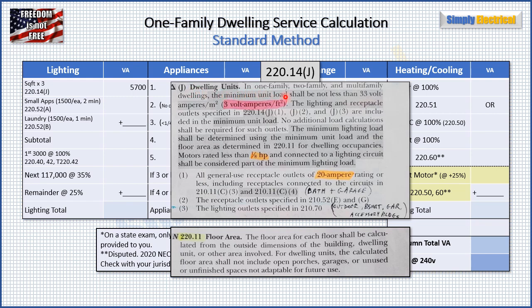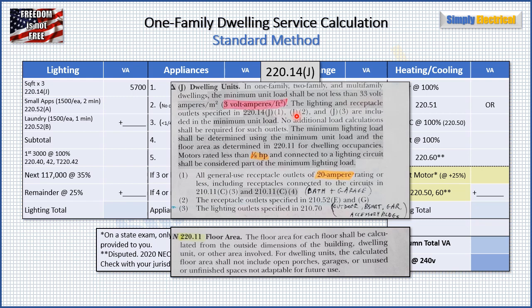In one family, two family, and multifamily dwellings, the minimum unit load shall be not less than 3 VA per square foot. So that's where we get the 3 VA per square foot. Take our square footage, multiply by 3, we get our total lighting load for this minimum unit load. That's 5,700, because we had 1,900 square feet times 3 is 5,700 VA.